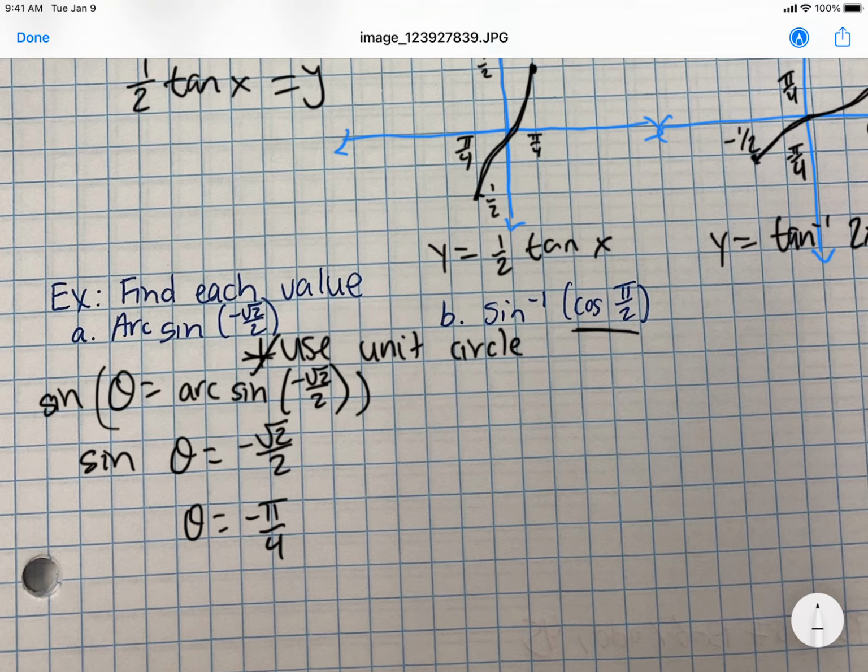So I'm going to have my angle equals the inverse sine of 0. Okay, so at what angle is sine 0? Sine is 0 at 0. So that's our answer. Okay, let's go on to page 2.